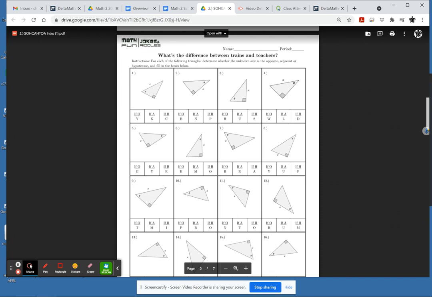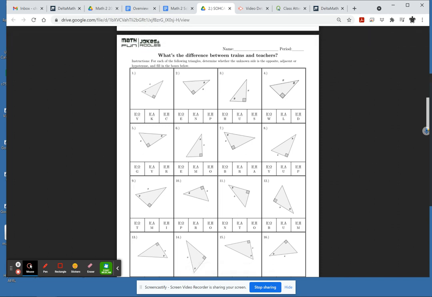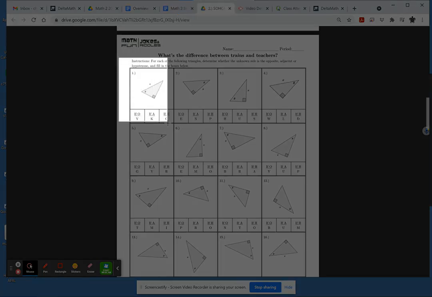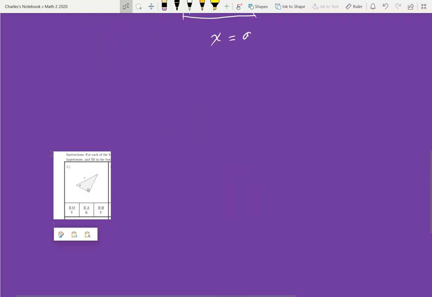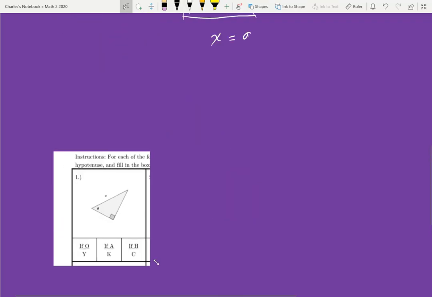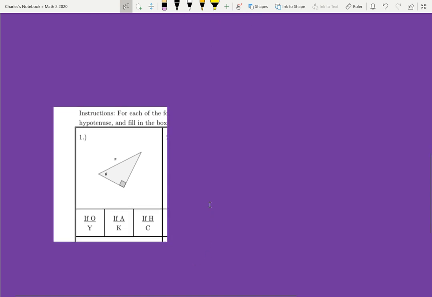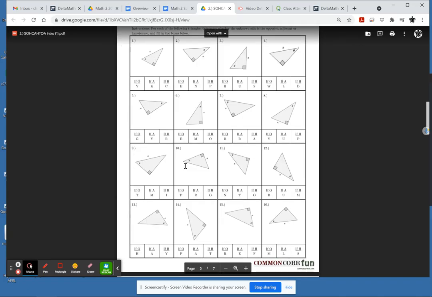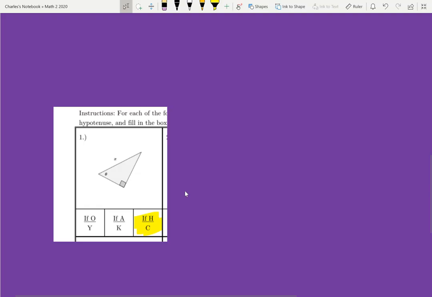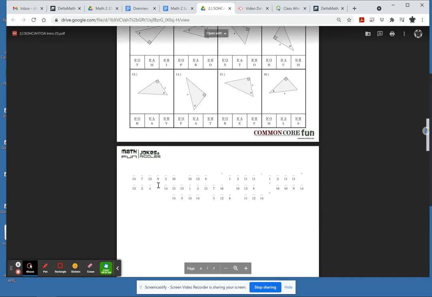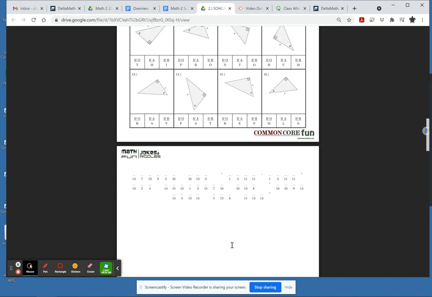And so what does that mean? If I'm looking at, for example, this problem right here, what is that side? That is the hypotenuse. So on the worksheet, you could go down and you could find the slot for the number 1, and you put the letter C. You're going to put the letter C every time you see the number 1.